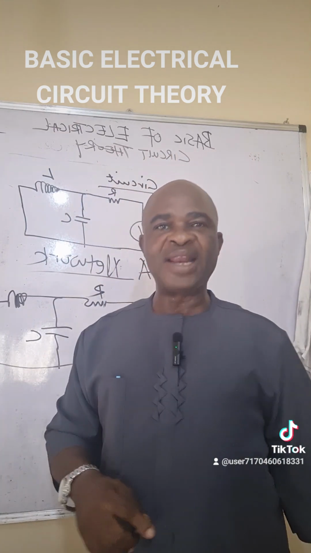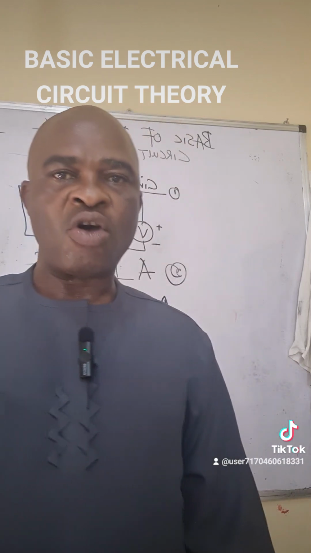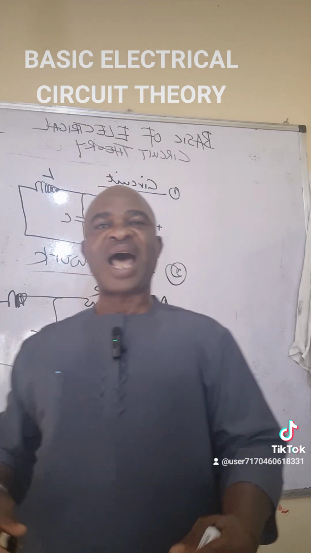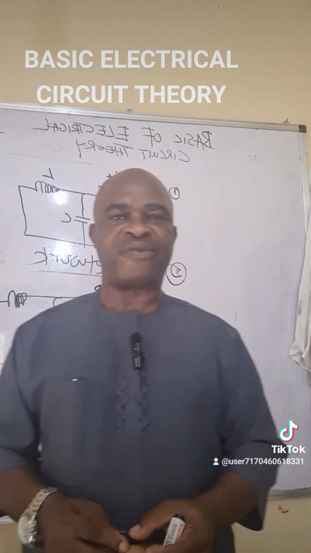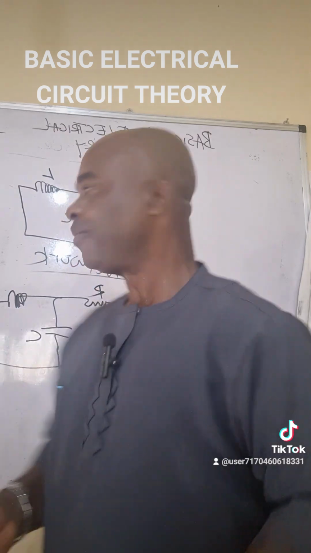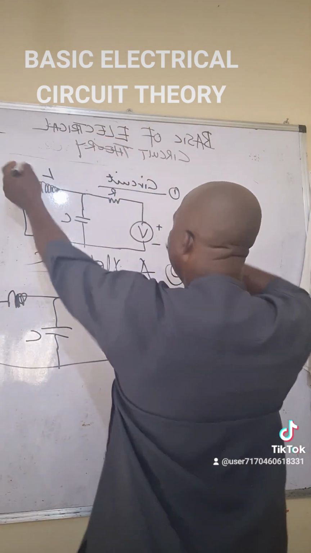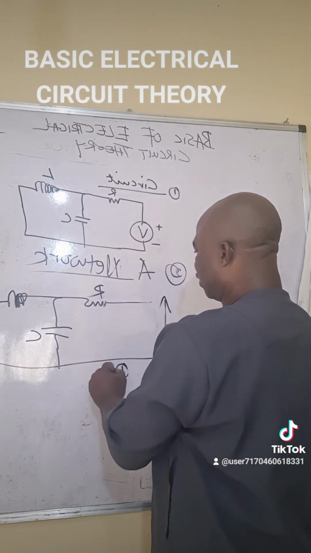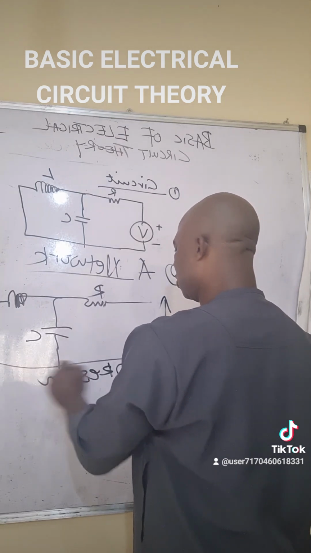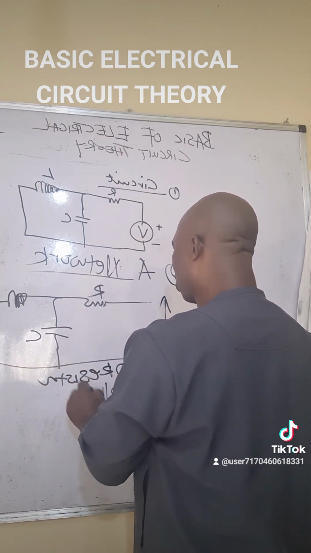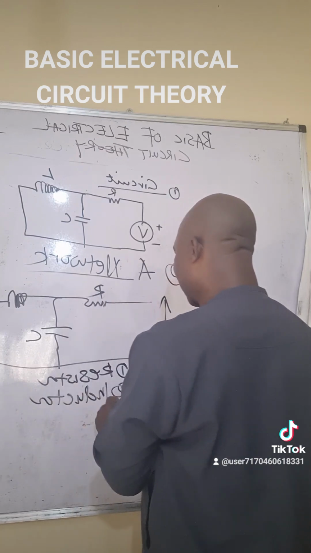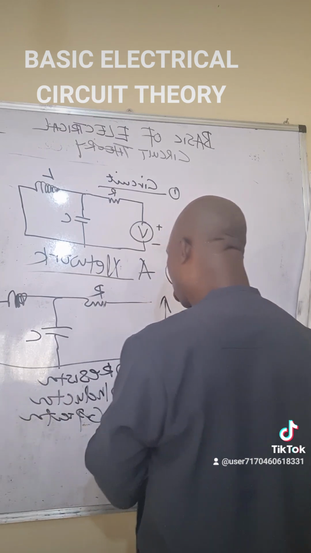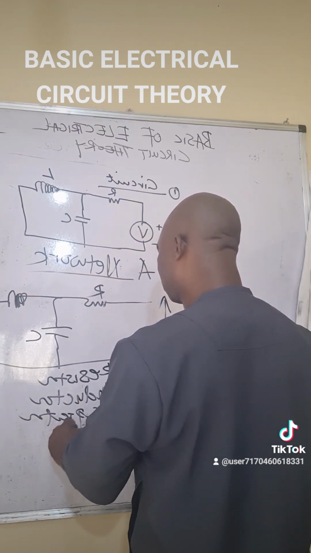The next one we should have now is the parameter. What is an electrical parameter? Parameters are all the various elements of a circuit. Namely, we have one, the resistor; two, the inductor; three, the capacitor; four, the voltage source.